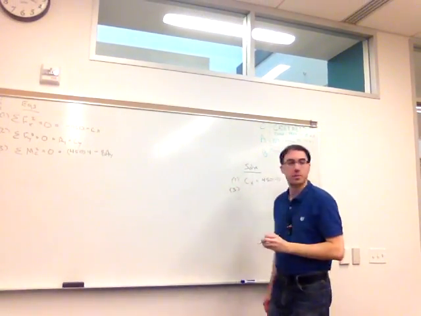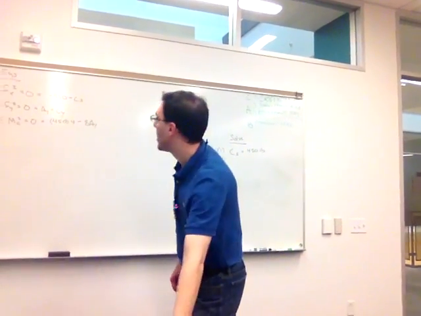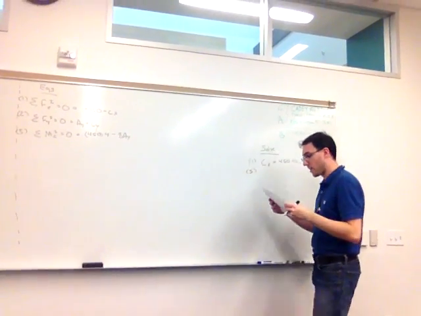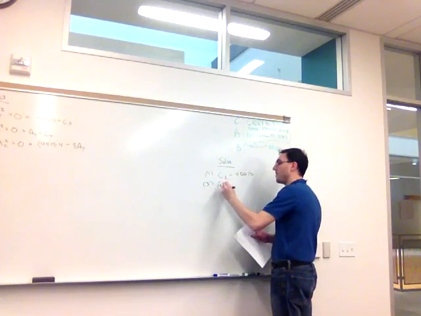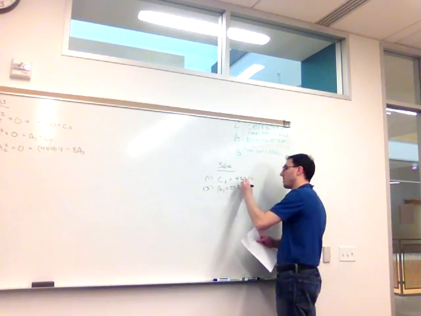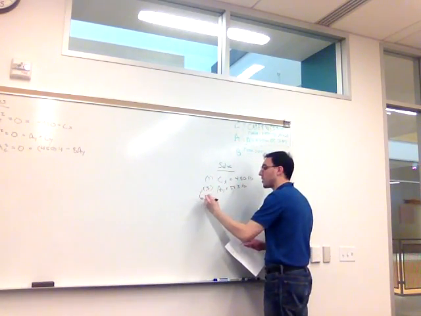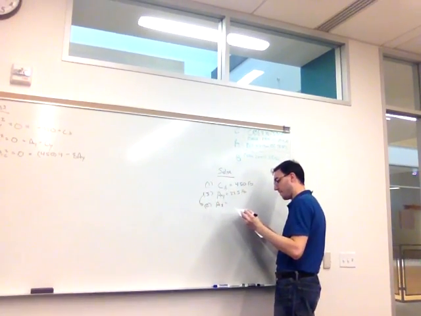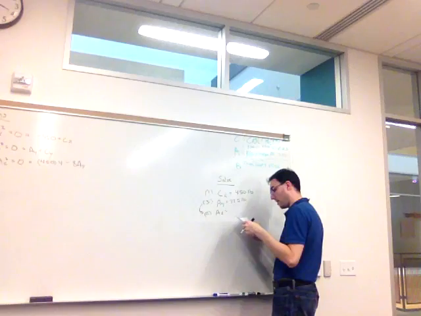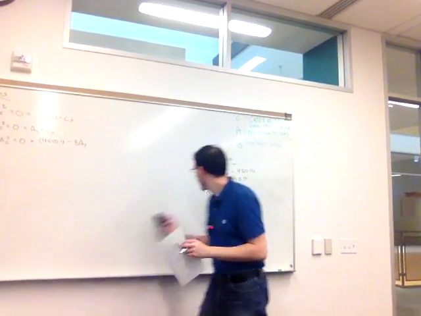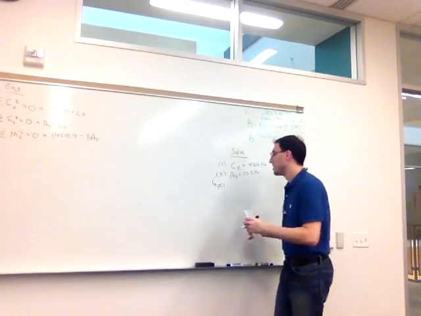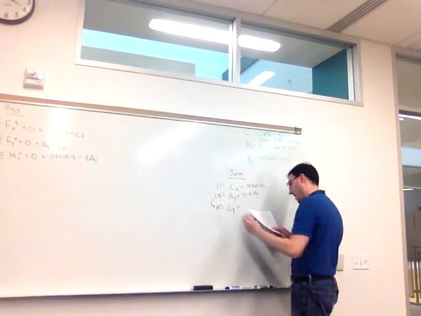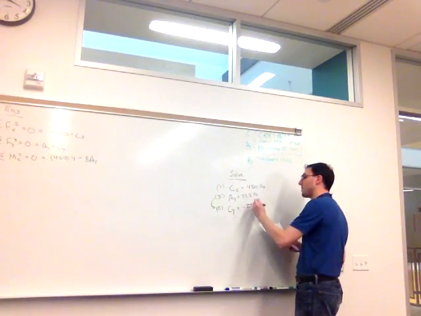Since I chose C to take the moment about, I can find that AY is going to be a positive 225. And then I can put that into equation 2 and find CY. There it is. CY is a negative 225 pounds.